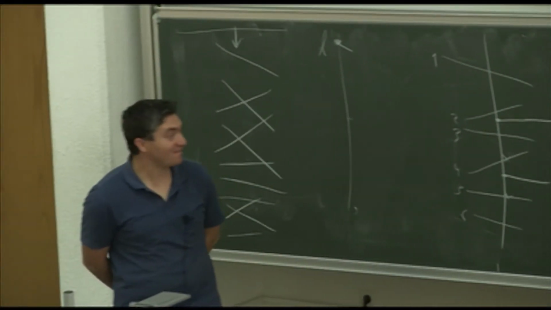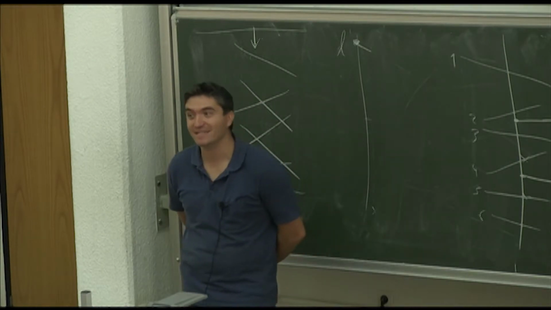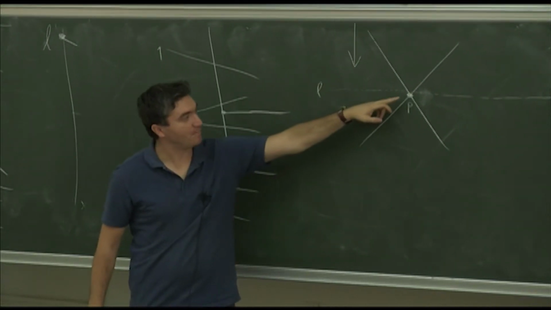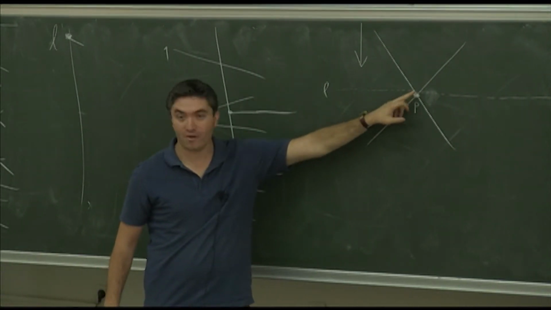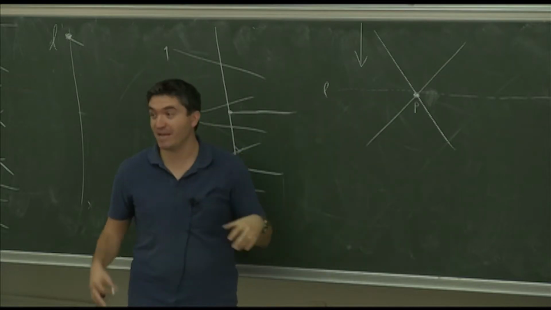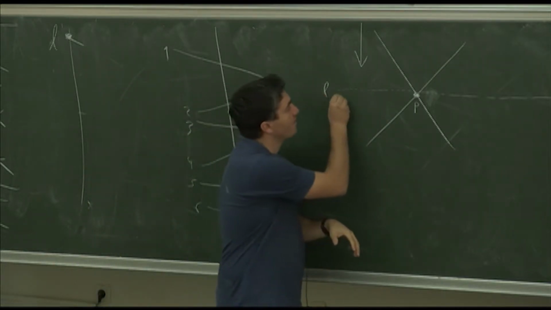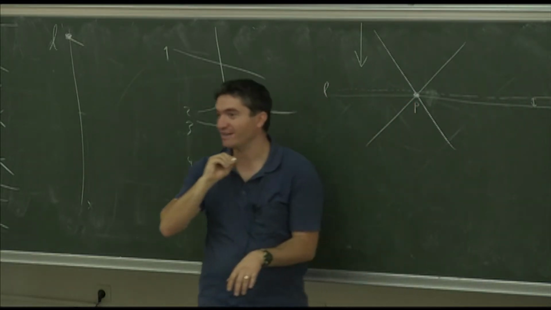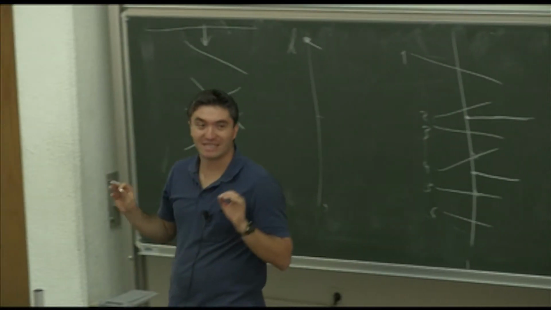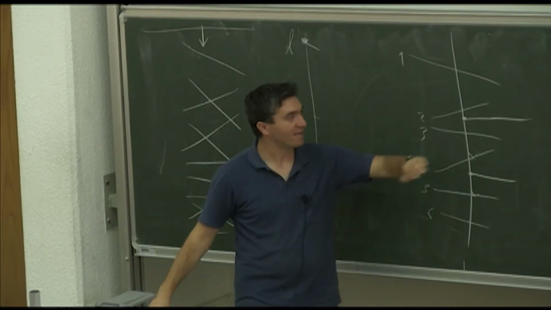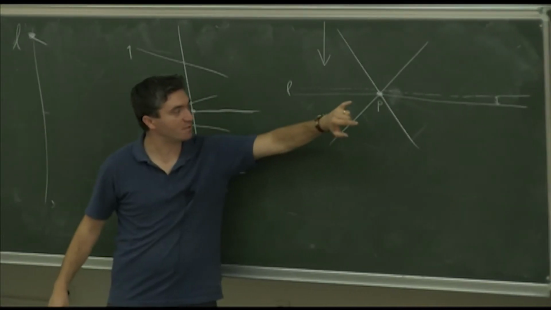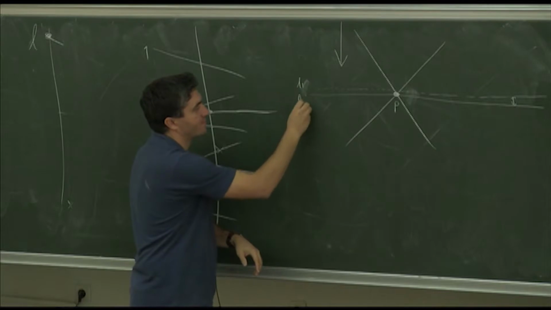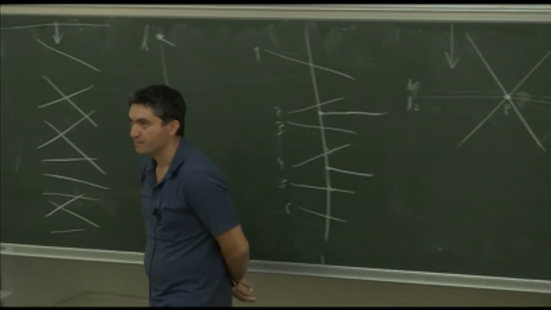If they intersect at a point P like this, imagine a sweep line L1 slightly above P, with no event points in this interval, between the intersection point and L1.